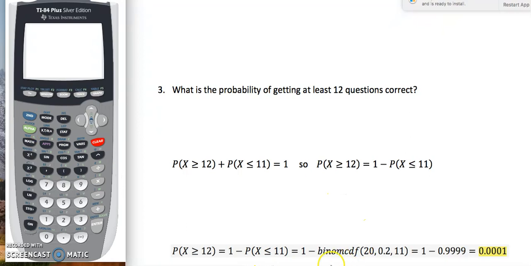So I'm going to go ahead and calculate this probability, binomial CDF. And up to how many questions? We want up to 11.